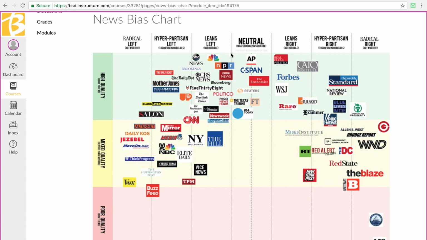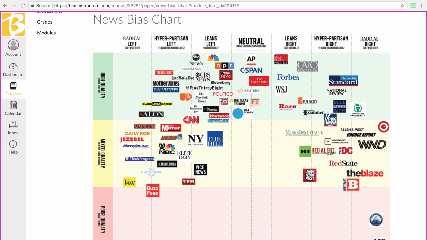Again, this is courtesy of this particular website. So I looked for a chart that I felt was the most unbiased when it came to how it described the political leanings and also just how far things veered one direction over another.